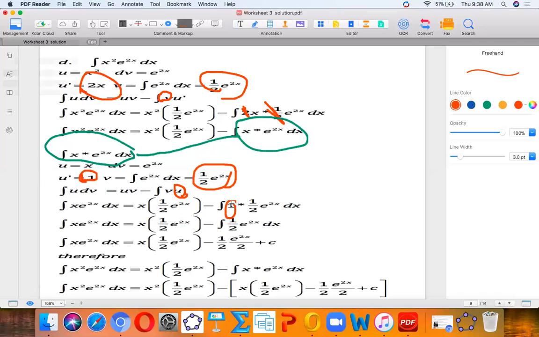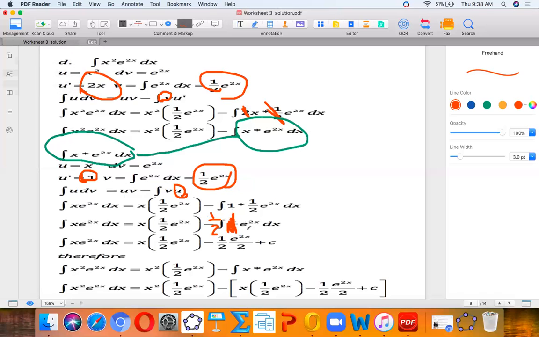Now we multiply a half times 1, that gives us this a half. Then you can factor out the half. So if I factor out the half, it means I can put a half in front of the integral sign and remove it from here.